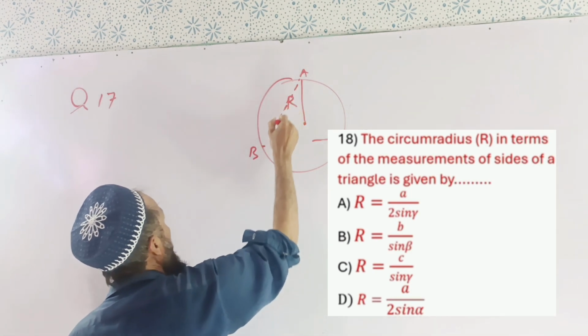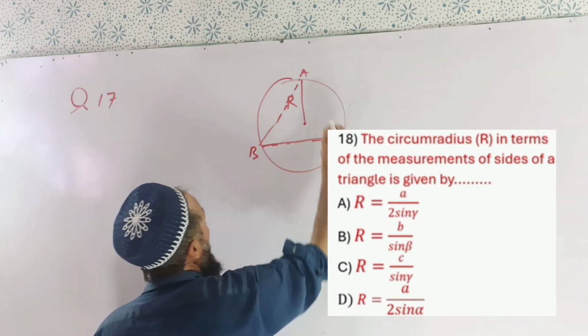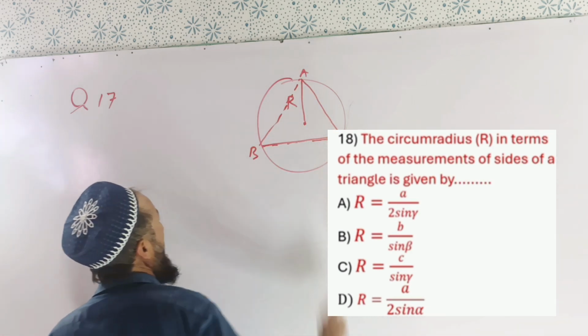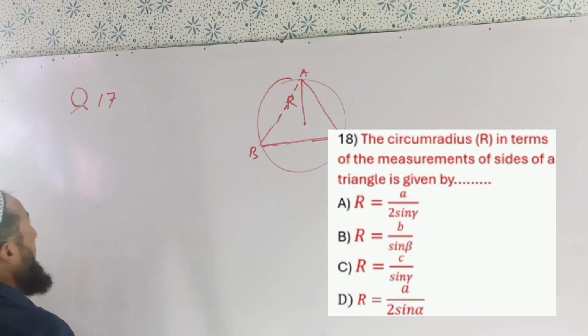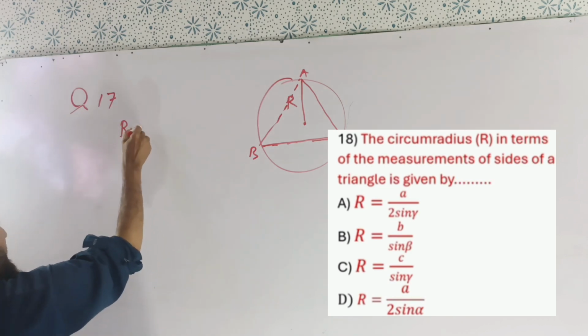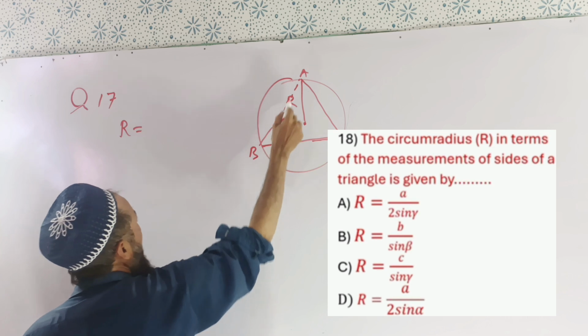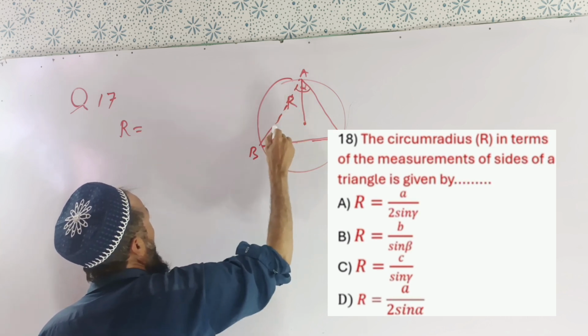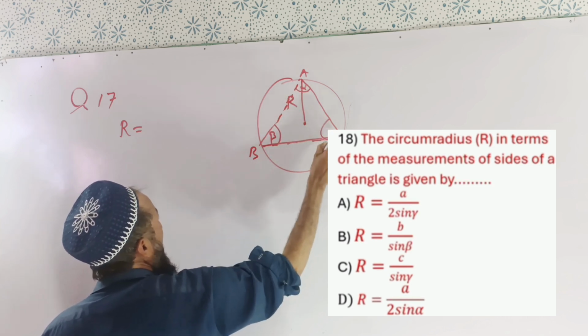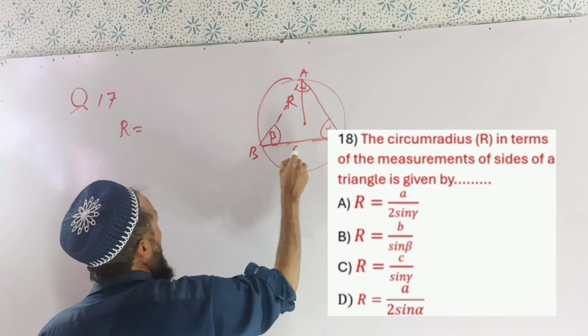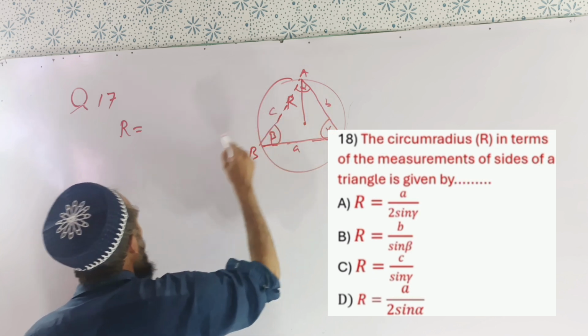So R is required, and we can write its sides in terms of alpha, beta and gamma, with opposite sides A, B and C.